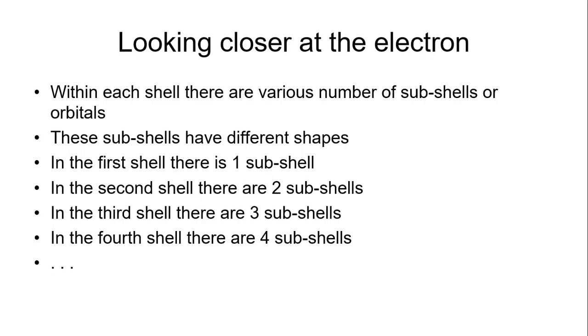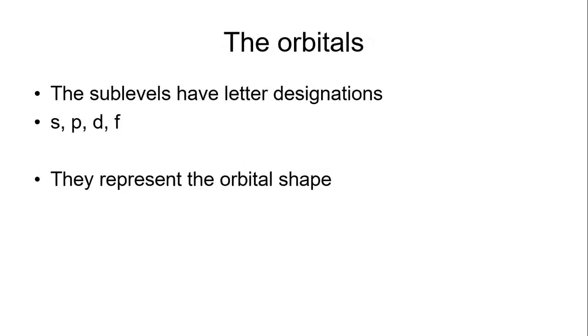Now, instead of identifying the sublevels with another number, like to say the first sublevel of the second energy level, we give these sublevels names. And actually the letters are significant to what the shapes are. So we use the letters S, P, D, and F, and you'll see that we'll go past that after F in a theoretical way.